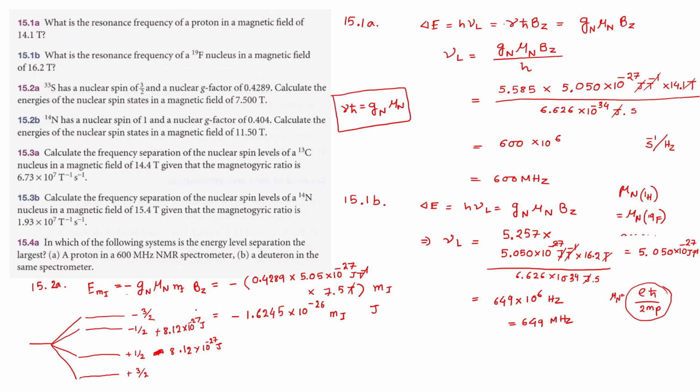And it will be minus 2.44 into 10 to the power minus 26 joule, and it will be plus 2.44 into 10 to the power minus 26 joule.